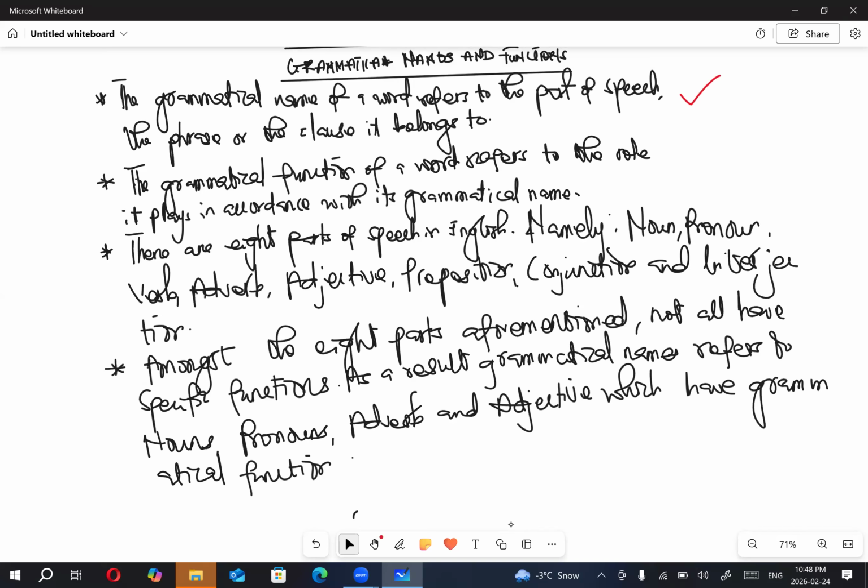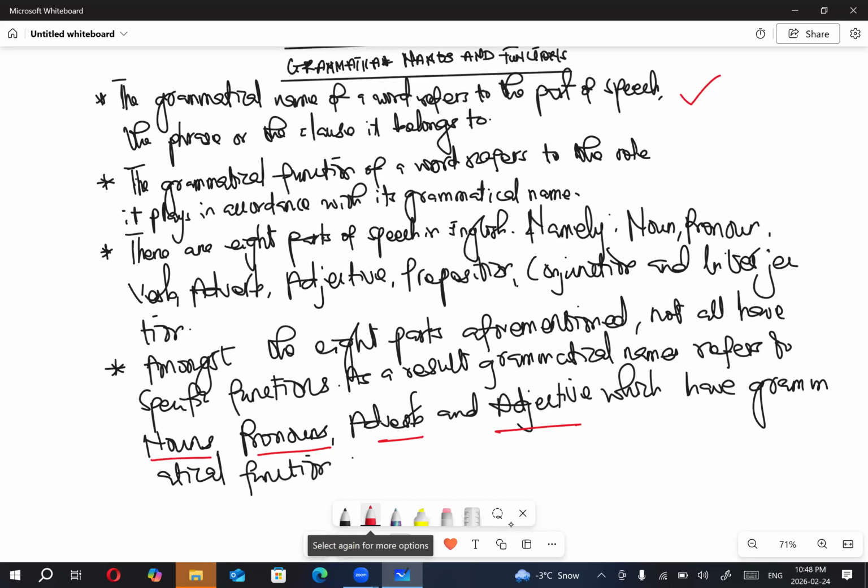So, to summarize, if you think it's a part of speech, then your answer must be noun, pronoun, adverb, or adjective. Now, why did we list 8 items and resolve at 4? I said that out of those 8 parts of speech, not all of these have true functions, okay?